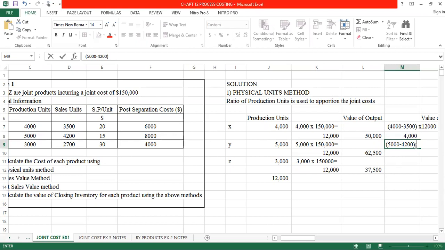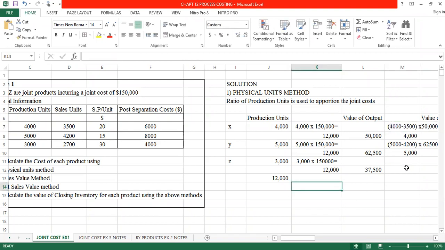No, this is not 12,000. Sorry, I've messed you up. I wanted 62,500 divided by 5,000. I'm saying the first one is not 12,000 there. It is 50,000. I meant 50,000, not 12,000. Sorry for that.